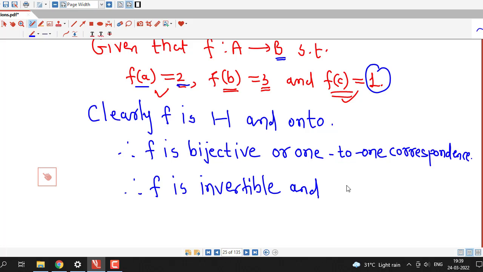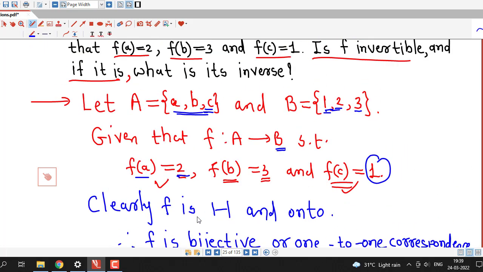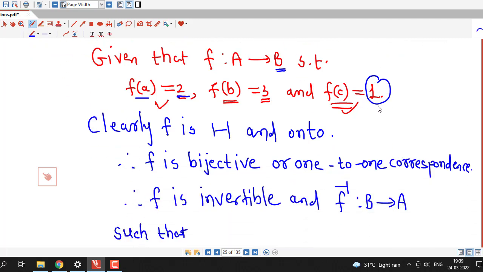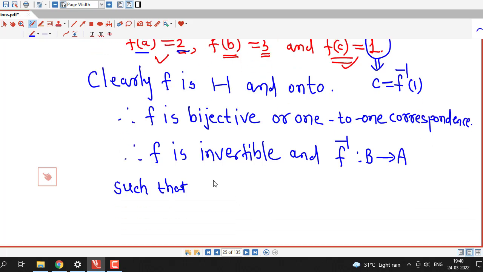and the inverse is a function from B to A, such that now we will consider images of elements of B under f. So we can start from here. f of c is 1. So from this I can say that c is the image of 1 under f inverse. So here I will write that f inverse of 1 equal to c.